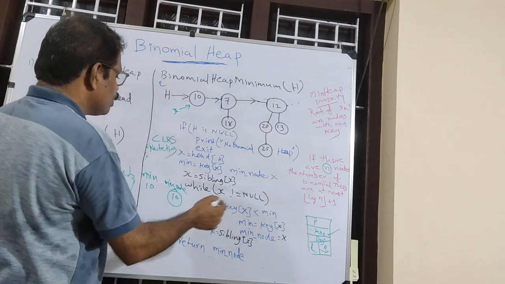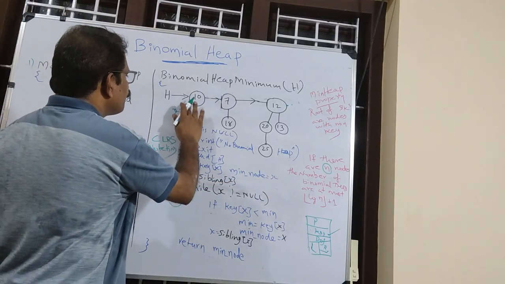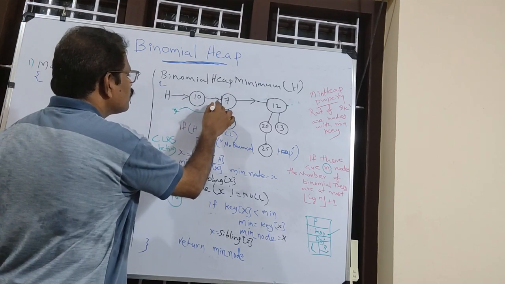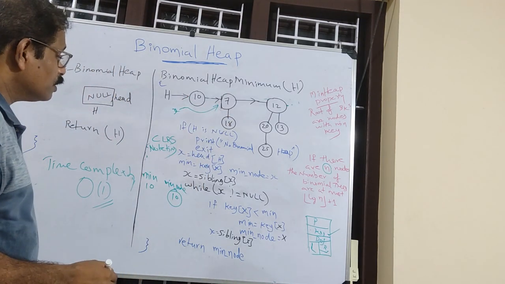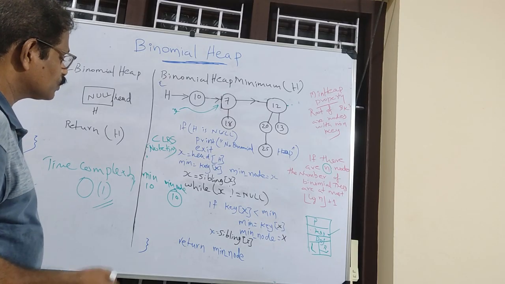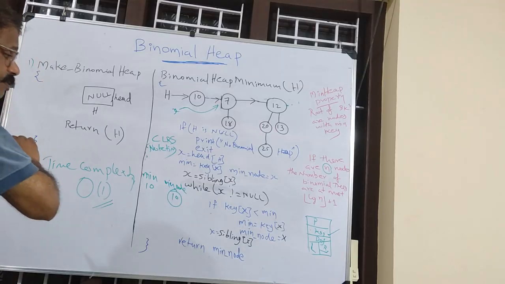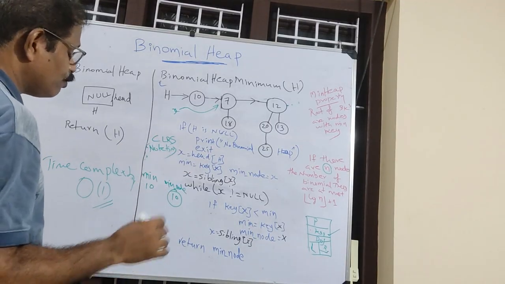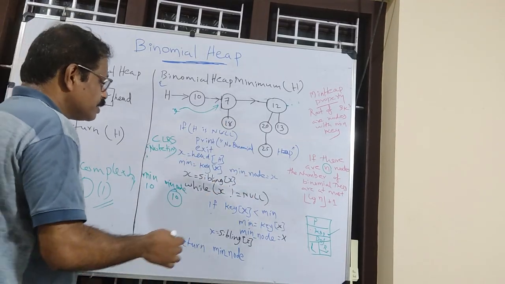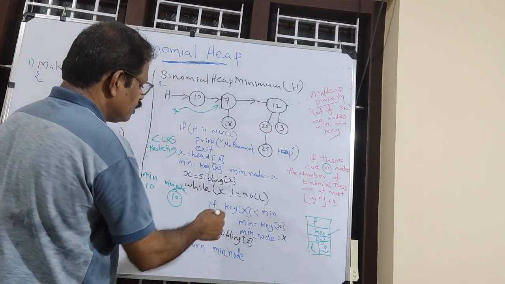Then x will be advanced, x will become the next node. Then we will check whether x equal to null or not. The binomial heap is over or not. It is not over, x not equal to null.